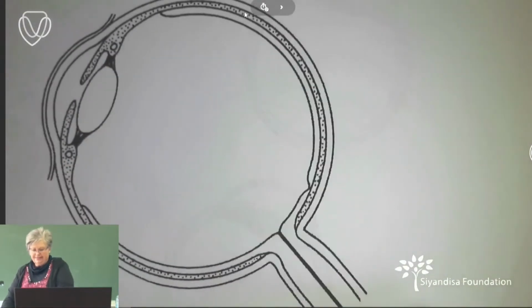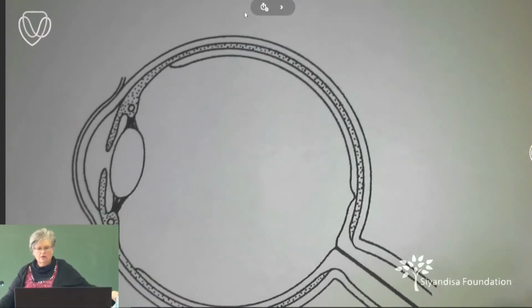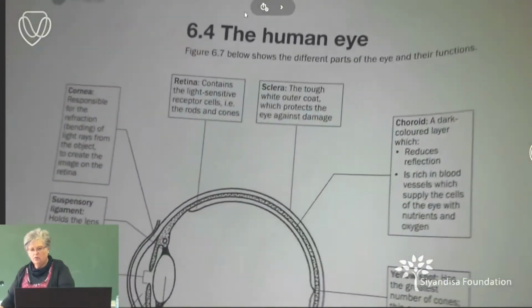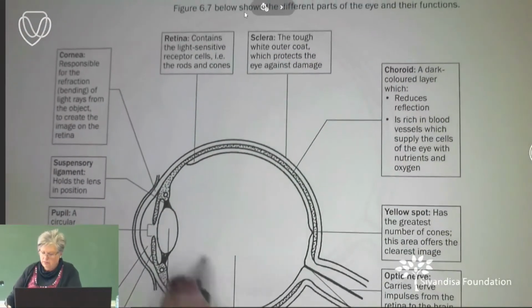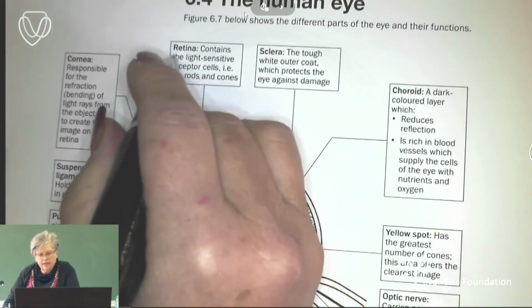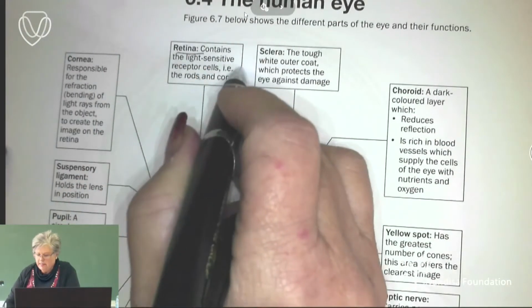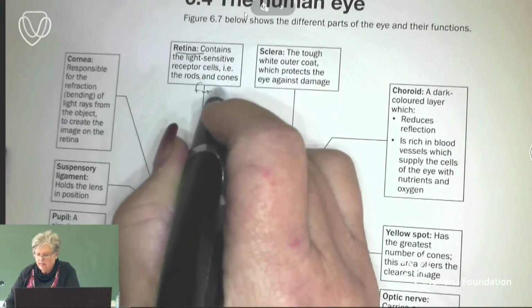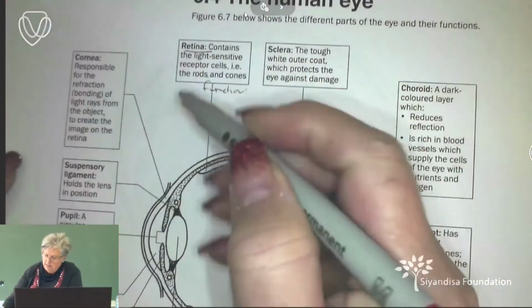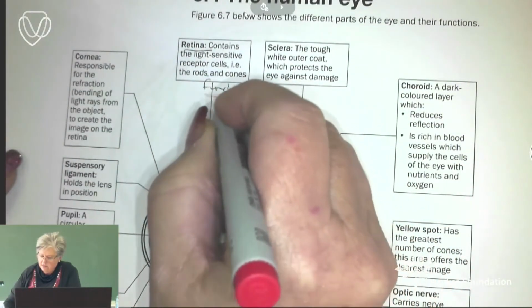When we look at the structure of the eye, you will find the empty diagram, or make yourself an empty diagram and then complete it by filling in all the labels, the name of the part as well as its function.